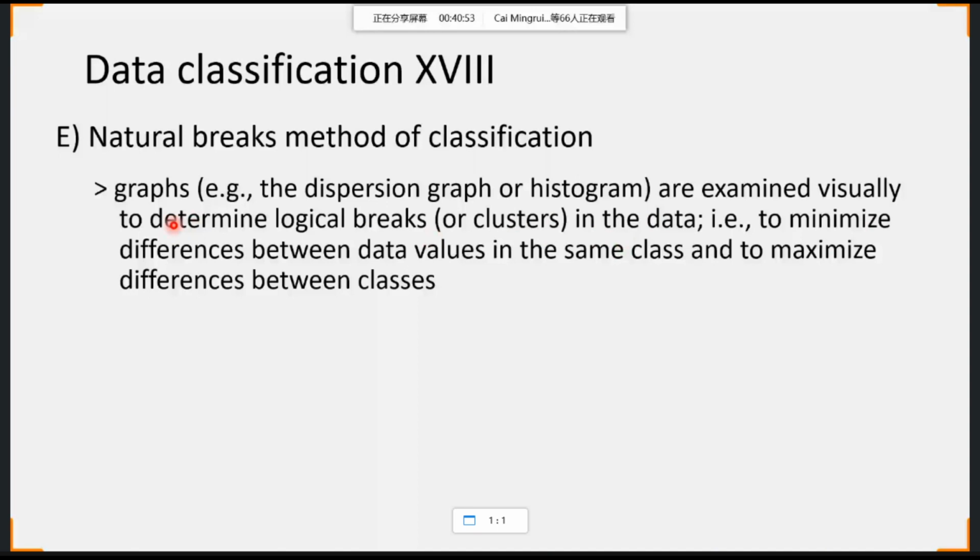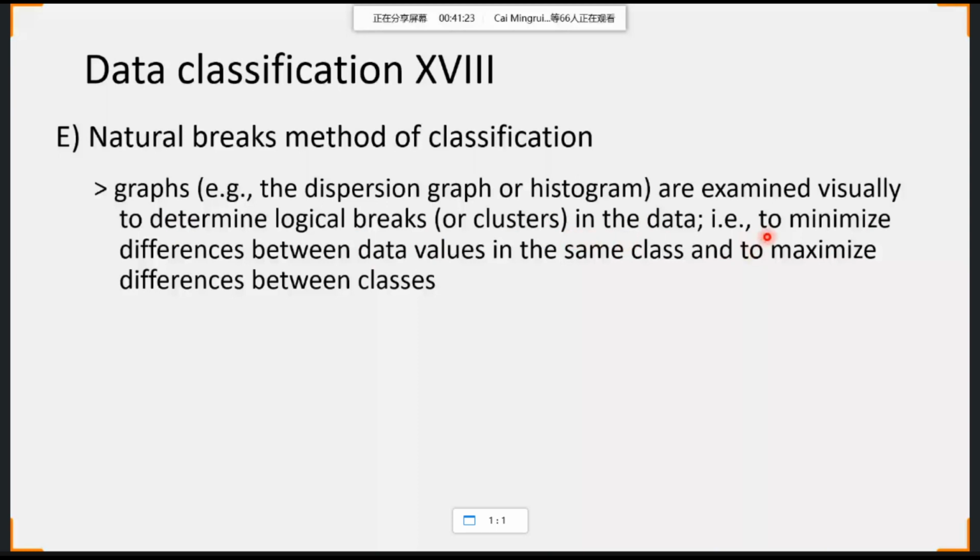We can just visually look at this distribution of the different numbers to check out if there are some logical breaks or clusters. So we just talked about that for the first class. There are some differences within the first class. There are some lower numbers where there are more counties than in the higher numbers, for example.